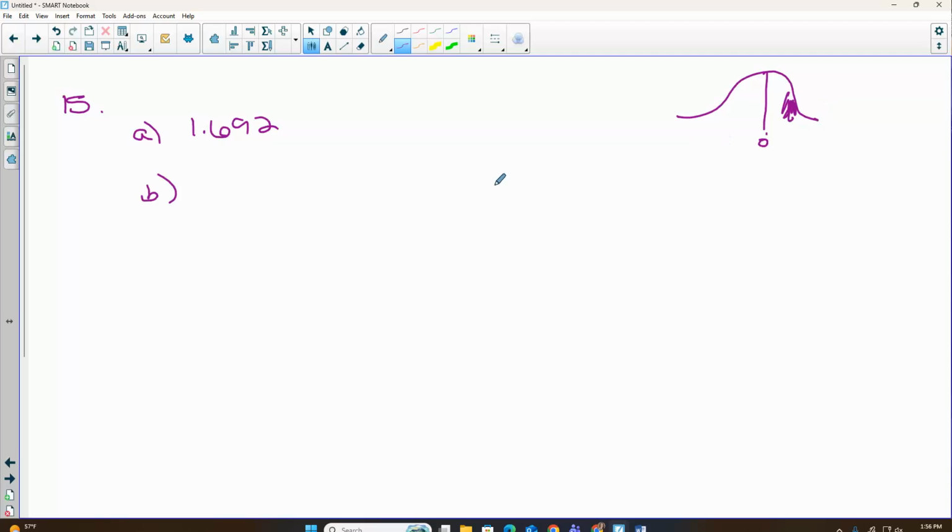No. So all we have to do is recognize that it'll just be the negative of whatever's on my table. Okay, so then I go to my 19 degrees of freedom, so row 19, over to 0.005. And it's a negative because I want it to the left.